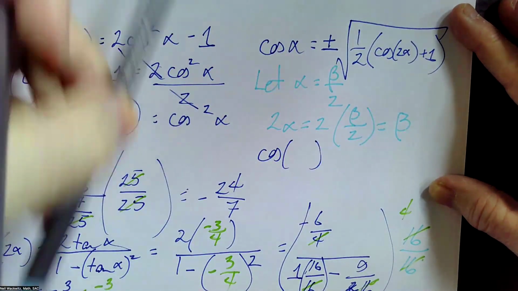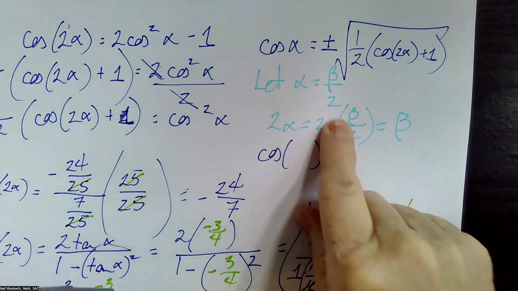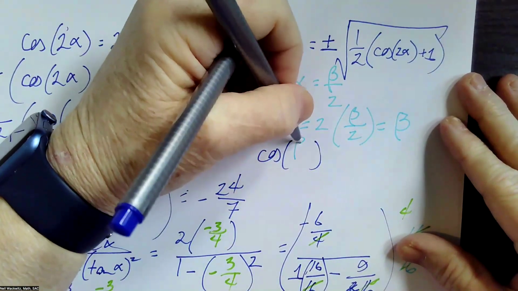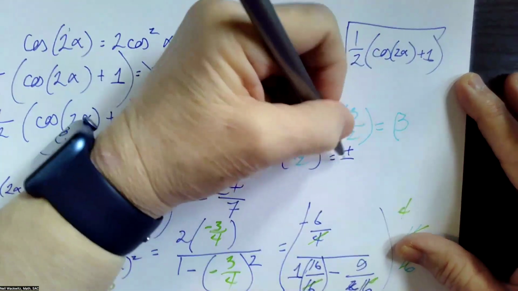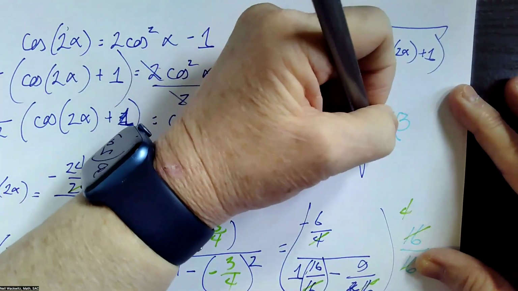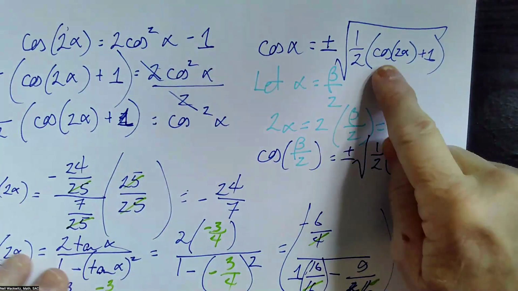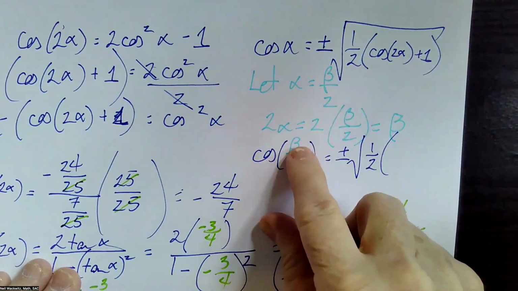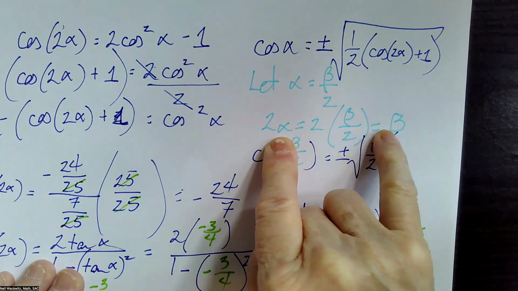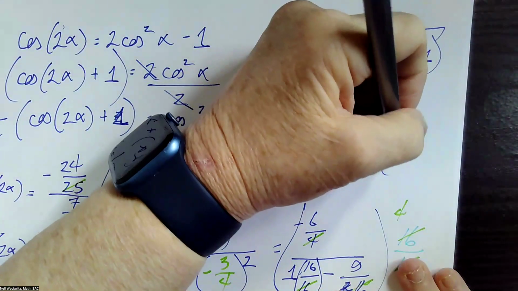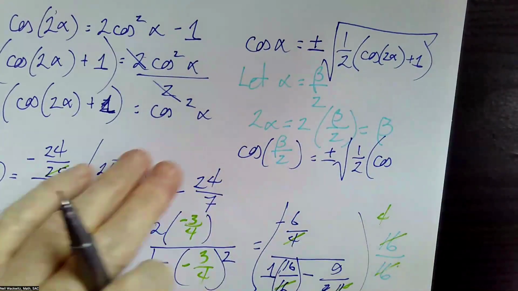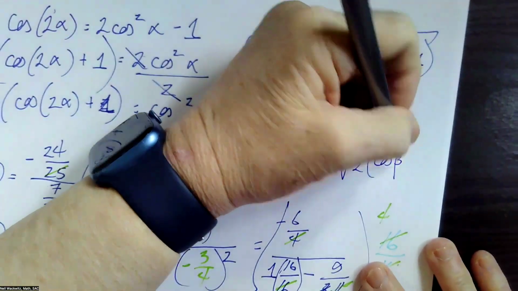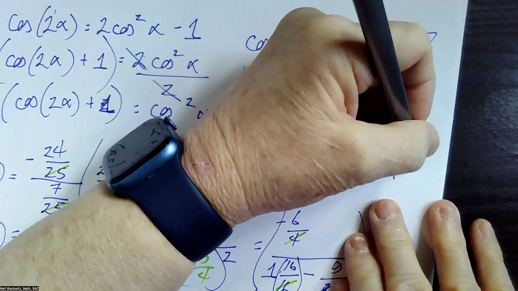And that enables us to write the formula that's up top as cosine of, let's see, we said that alpha was beta over 2, equals plus or minus the square root of 1/2 times cosine of beta plus 1.